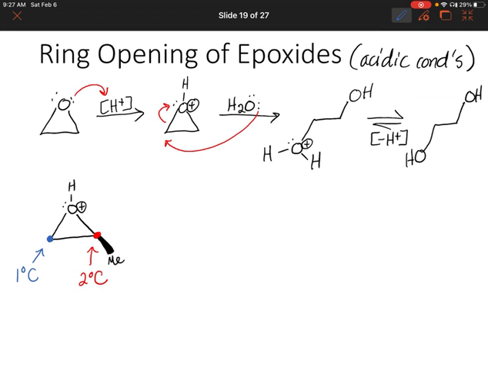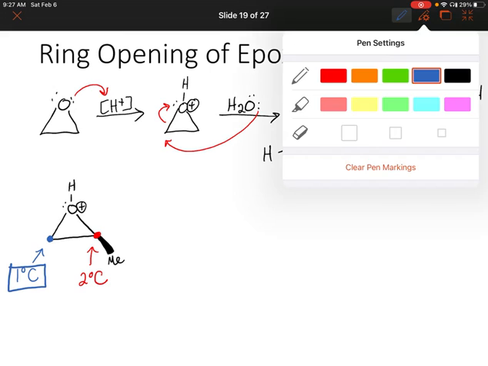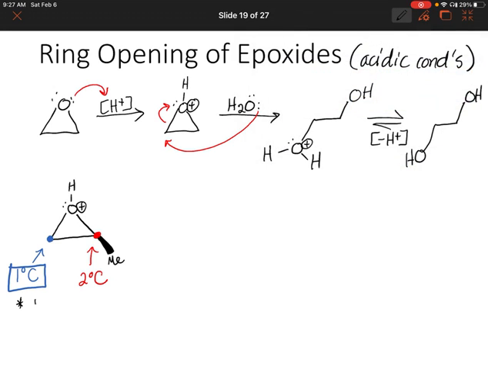Okay, now in this case, we want to consider the sterics. So the nucleophile is going to attack the less hindered side. So that would be the primary carbon. So let's make a note.